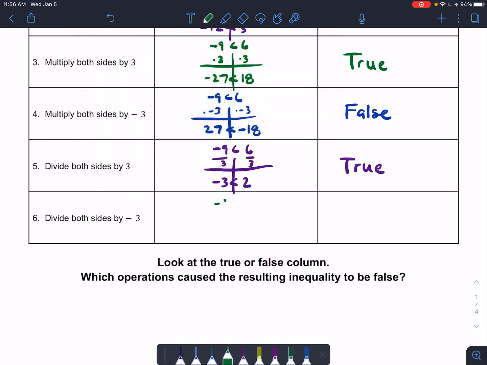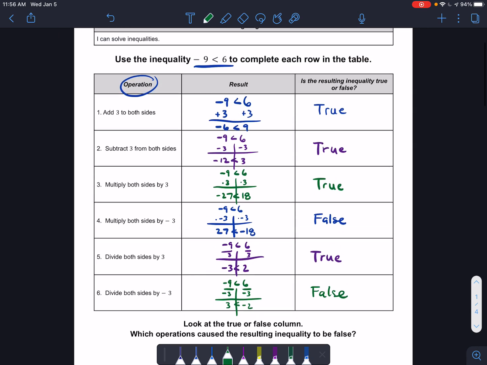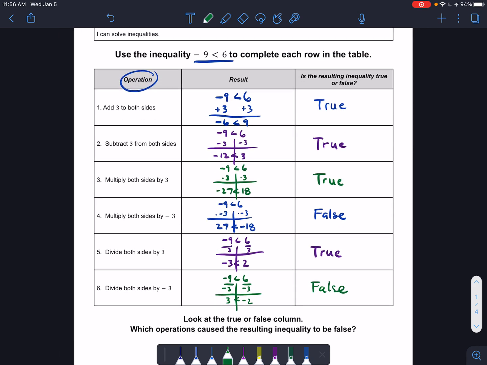I take -9 less than 6. I divide by -3. -9 divided by -3 is positive 3. 6 divided by -3 is -2. 3 less than -2? Oh no, that's not true. That's false.